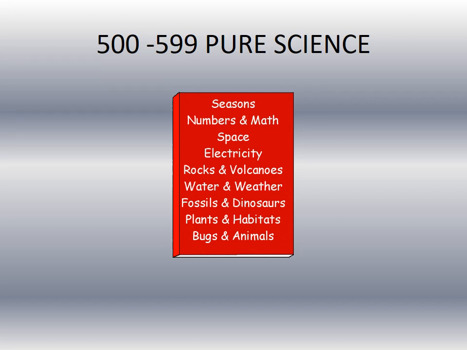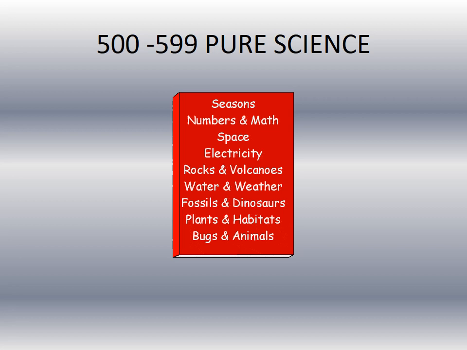This class is the 500 class, which is the pure science class. In this class we have a lot of books in maths and science in our media center. Let's look what else. Seasons, numbers and maths, space, electricity, rocks and volcanoes, water and weather, fossils and dinosaurs, plants and habitats, bugs and animals.